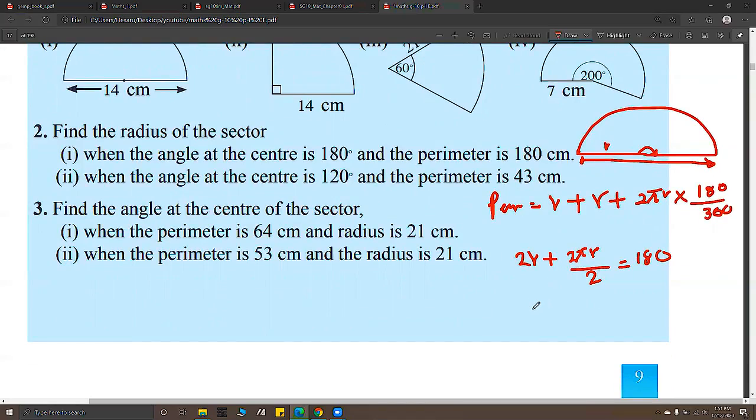You can take the r out. The 2 and 2 cancel out, so it's r times 2 plus pi equals 180. So r equals 180 over 2 plus pi. By simplifying this, you can get the answer very easily.